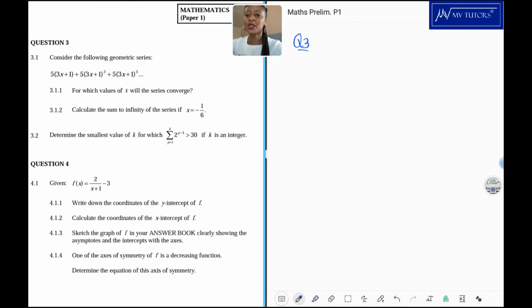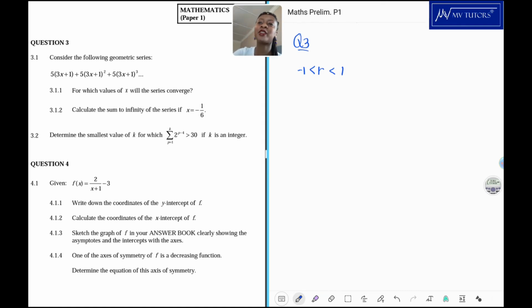Guys, what do we know about converging series? We know that the common ratio, which is r, has to be in between -1 and 1. I normally say that the common ratio has to be like a fraction, 1 over something, for the series to converge, because the numbers have to keep getting less and less.